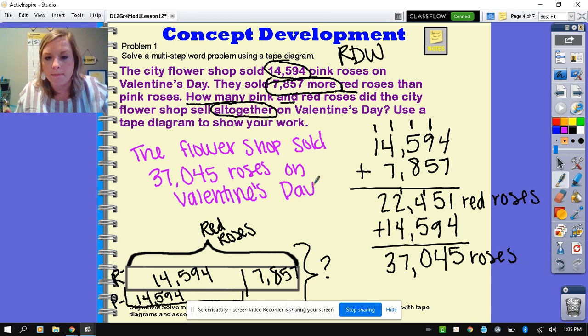This helps us make sure we're checking what the question was truly asking us, as well as helping us restate the question to make sure it's answered and that your teacher can find your answer well. So we read, we drew, and we wrote out that answer. So we are finished with that first problem.